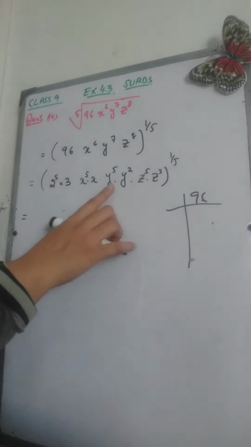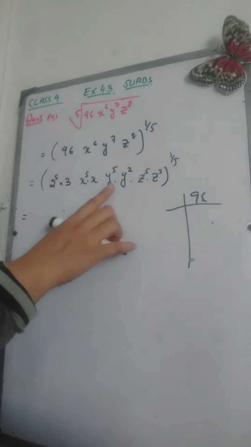So over here, this power 5 and 5 will be cancelled out. Same is the case over here and here and here. Okay, and what we are going to get is 2 into 3 raised to power 1 by 5 into x raised to power 1 by 5 into y into z.